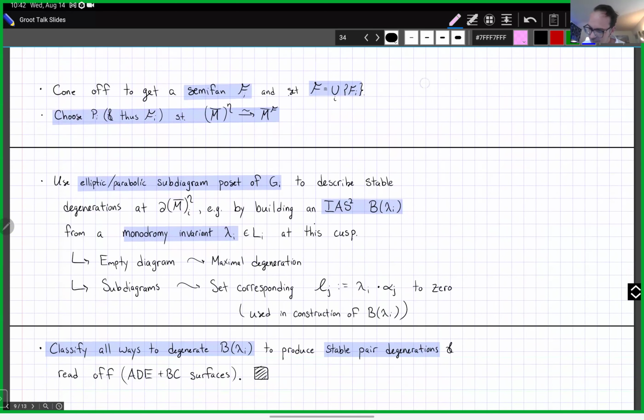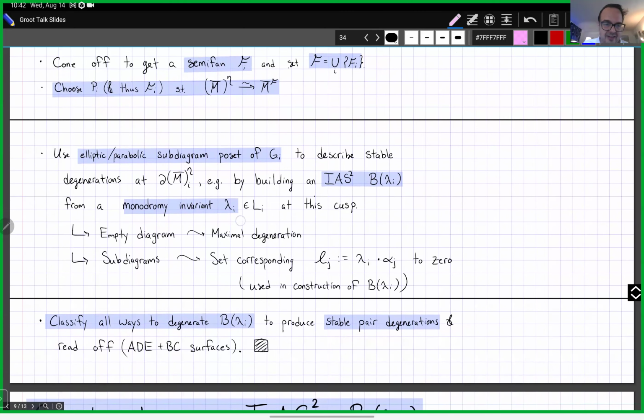And now finally, what you do is you look at that Coxeter diagram, and there's a certain poset of elliptic and parabolic subdiagrams. So these are subdiagrams such that the bilinear form restricts to be positive definite or positive semi-definite.